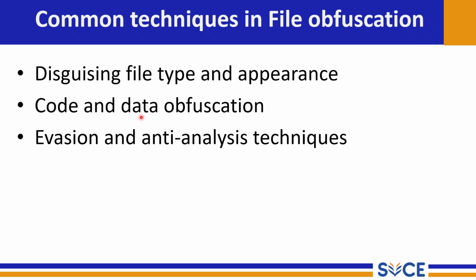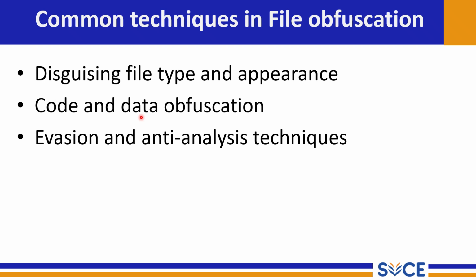with signature-based antivirus software. And next, obfuscating script files. Malicious scripts, particularly those written in languages like JavaScript or PowerShell, are often obfuscated. Techniques include using random, meaningless variable names and encoding the script's contents to hide its true purpose, right?